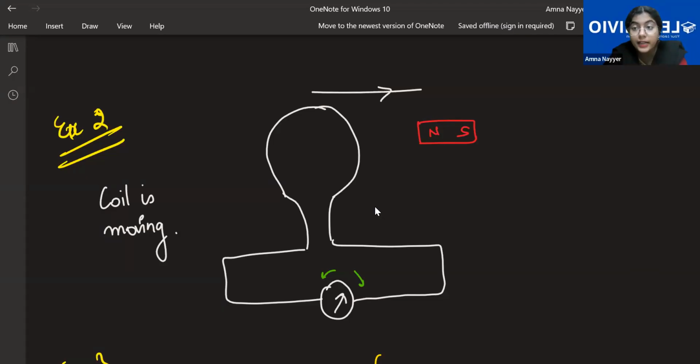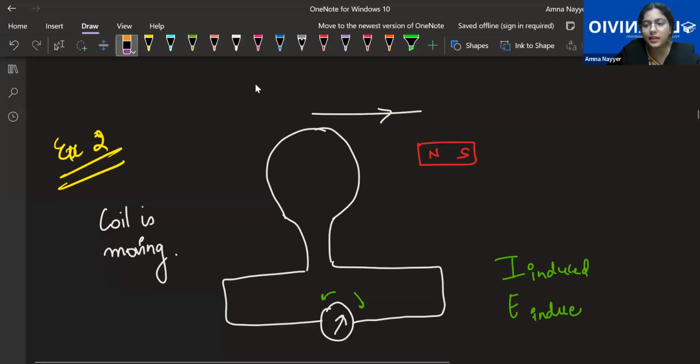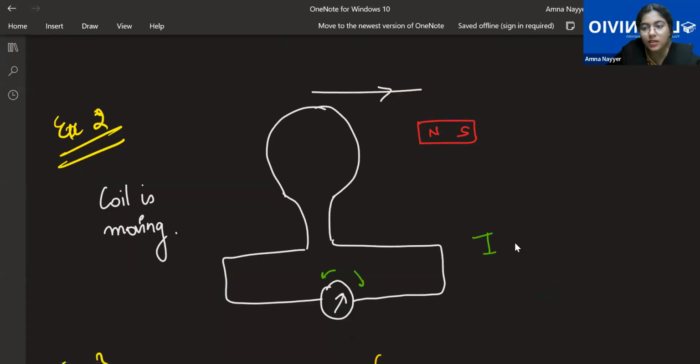So this current that is induced in your circuit is known as the induced current. You will often use these terms, induced current and induced EMF. Because of the bar magnet, there was a current coming, which was the induced current.